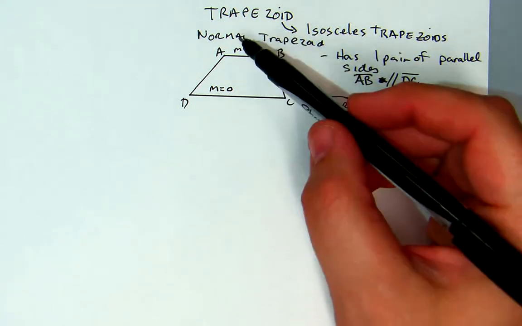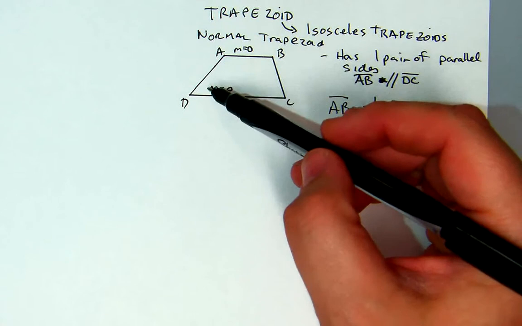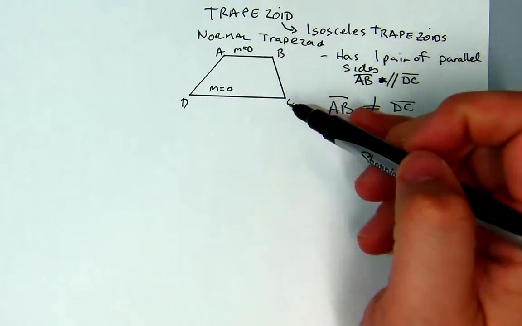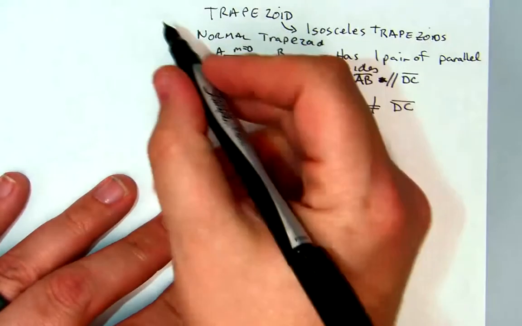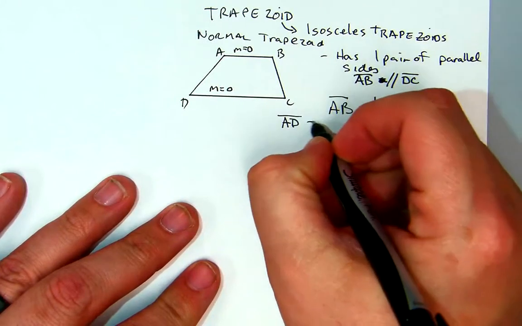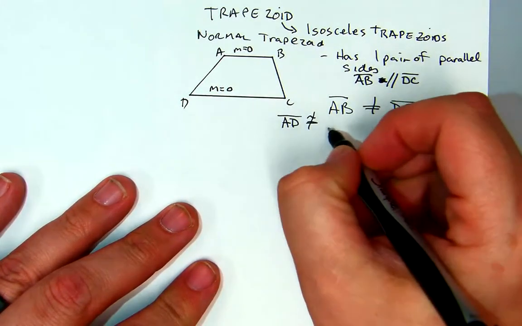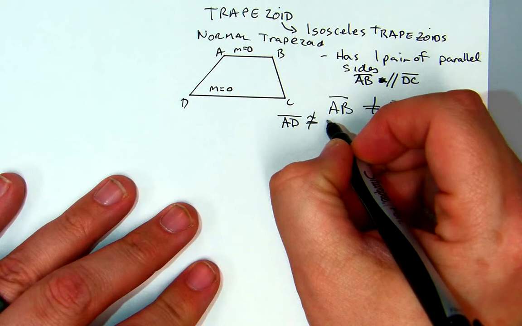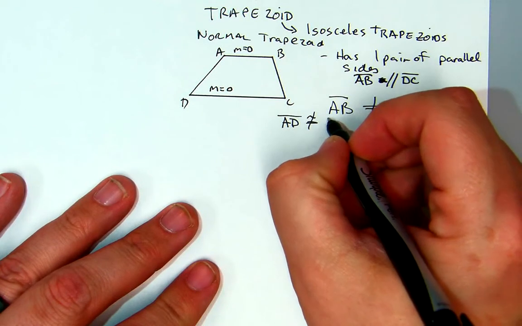And that leads us to these opposite sides, AD and BC. For a normal trapezoid, AD is not congruent to BC.